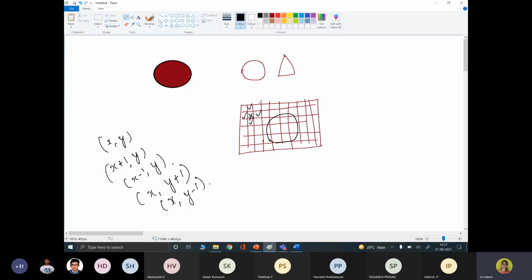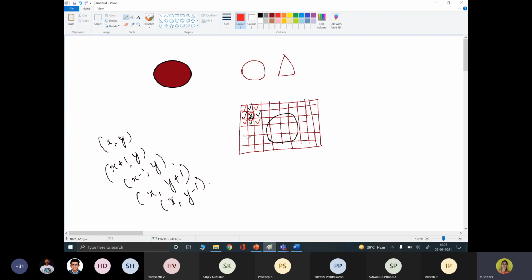Similarly, when it comes to 8 connectors, all the diagonals are included, so you will have 8 neighbors for the pixel x, y.